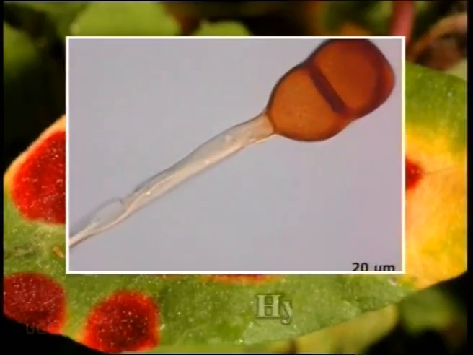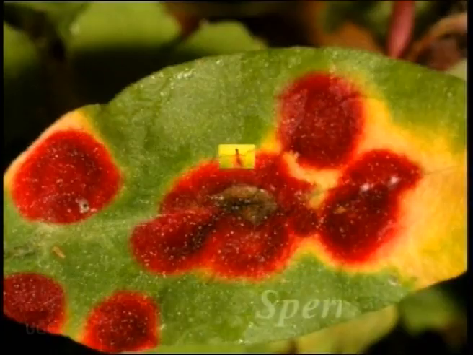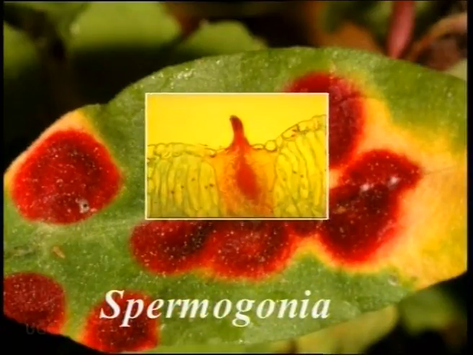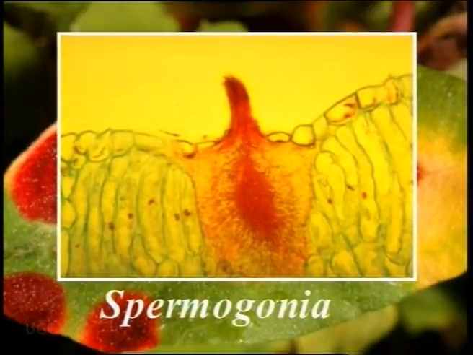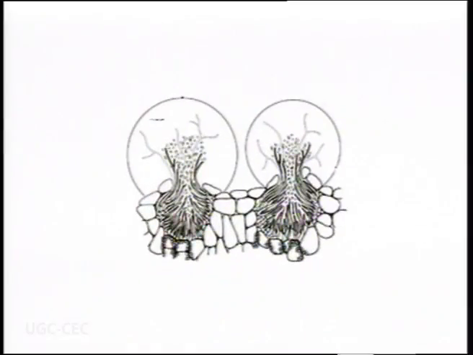The hyphae towards the upper surfaces of leaves form spermagonial or pycnial primordia, whereas those towards lower surfaces of leaves form aecial primordia. A few days after infection, the primordia of the spermagonia give rise to spermagonia or pycnia.